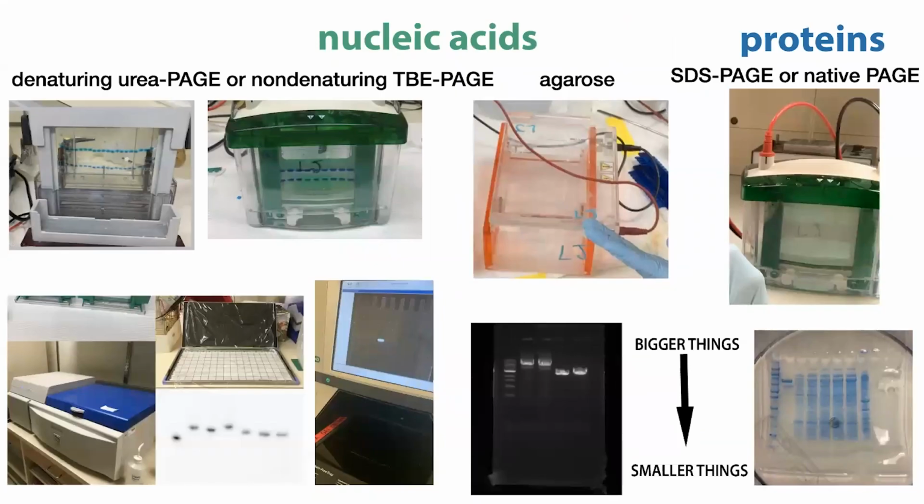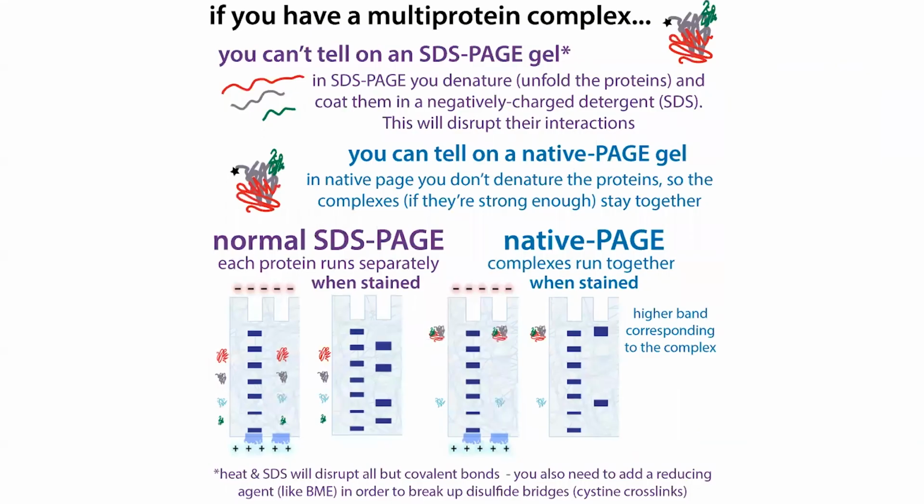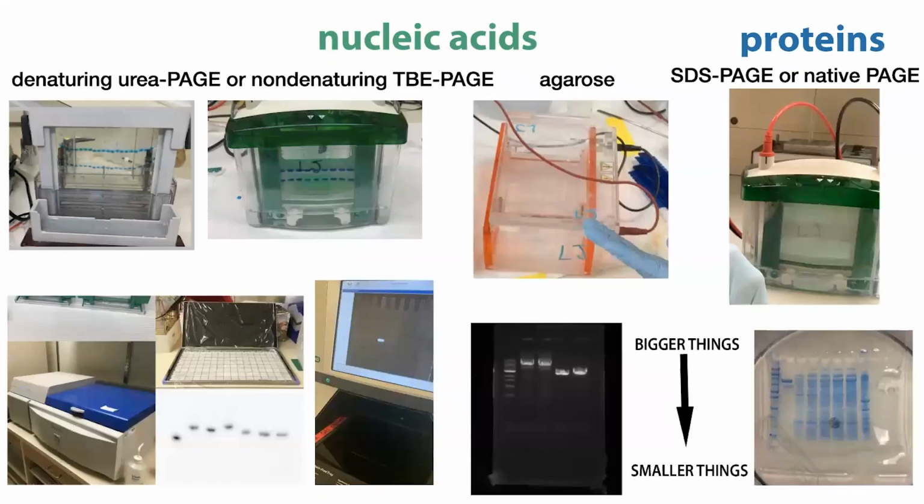One of the main decisions you have to make is going to be denaturing or native, or non-denaturing. So do you want to keep those protein complexes together? If so, you're going to want to do a native PAGE. And if not, you're going to use SDS-PAGE.